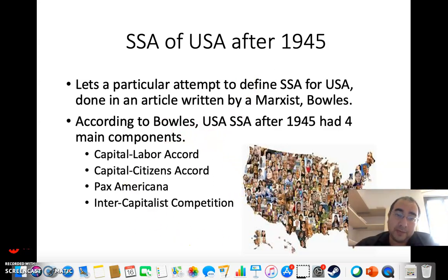But in time, in the 1960s and especially the 70s, this structure starts to be shattered, because even though the state regulates them, capital-labor problems become more costly. Similarly, the minimum standards that are met by the state also become more costly.